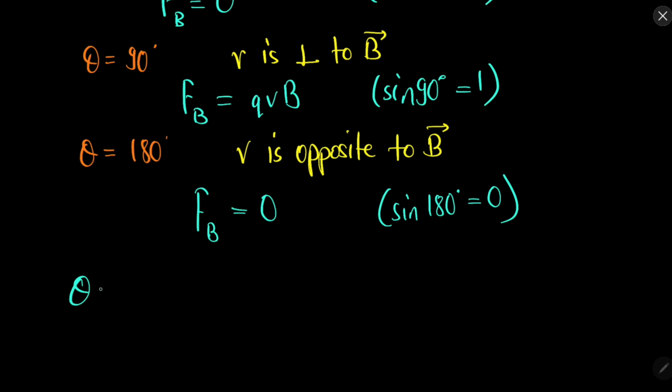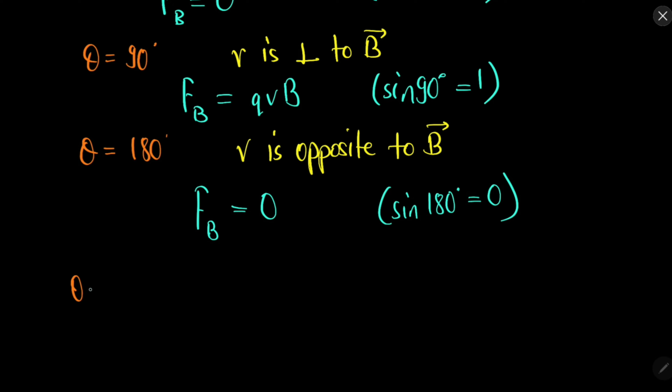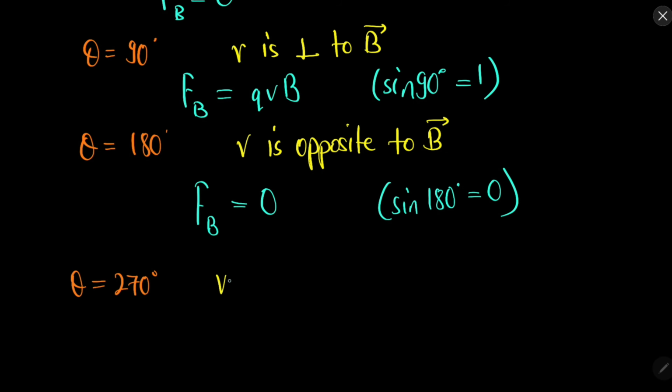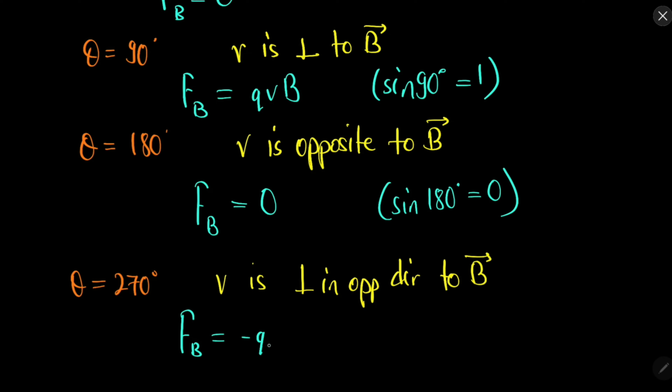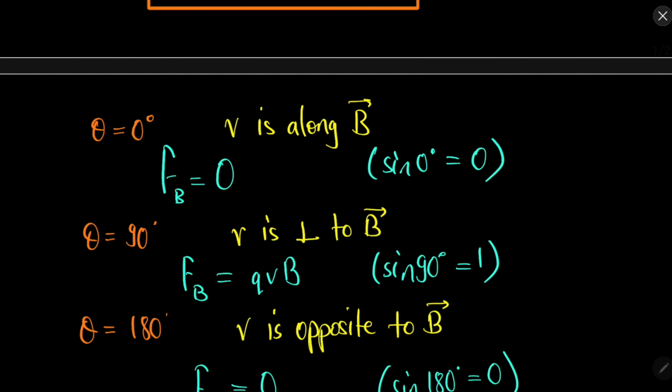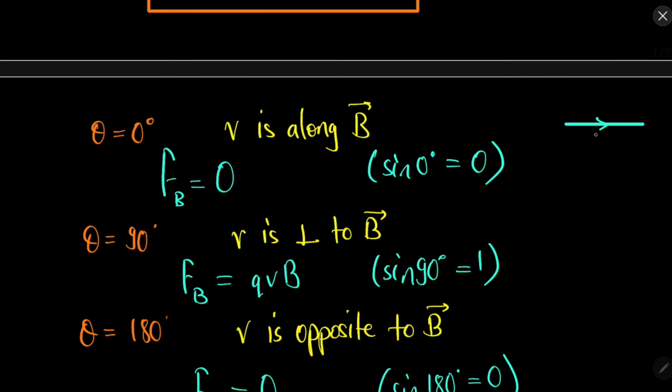Let's say the angle is 270 degree, that is V is anti-perpendicular or perpendicular in opposite direction to magnetic field B. So in this case the magnetic force will be minus QVB because sine 270 degree is minus 1.